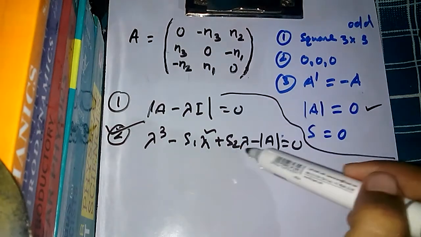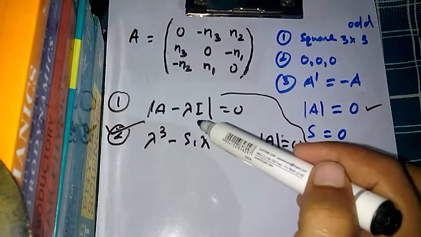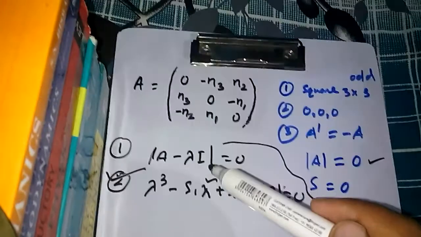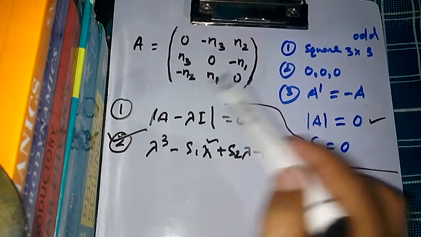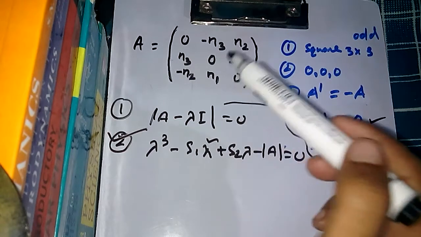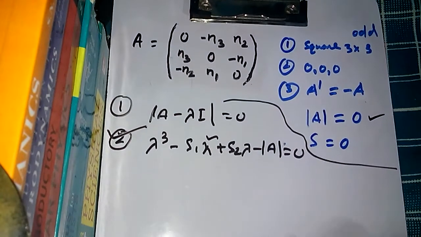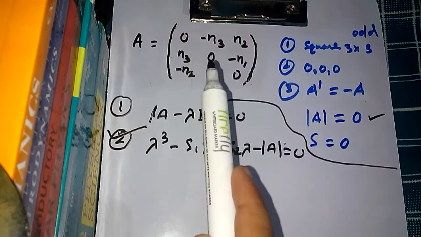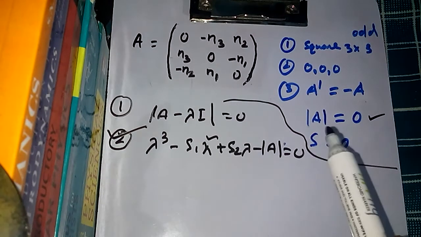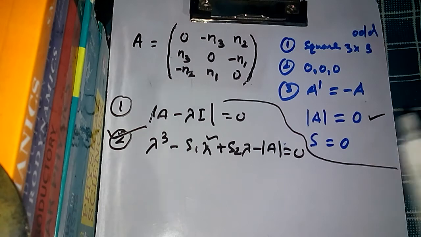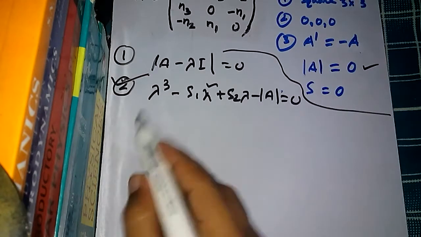When we are using any one of the standard equations, remember we are not just thinking about what kind of matrix it is, symmetric, antisymmetric, anything like that. Since it has been told that it is antisymmetric, we know that its determinant would be 0. This is one convenience, you will understand later. Okay, so we are using this.